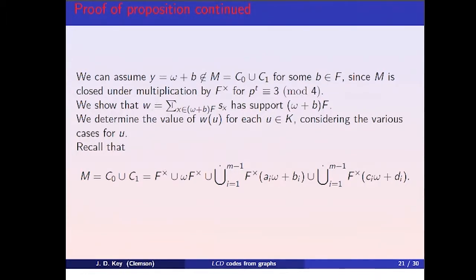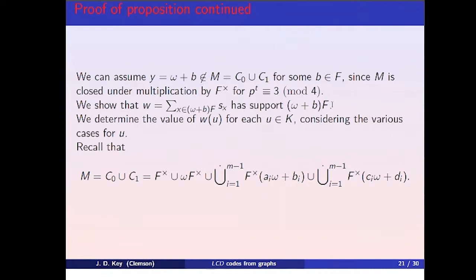What we need to do to show that it is in C perp is to show that this word is equal to the sum of the S rows for X in the set W plus B, that's Y, times F. That was what we got out of our description of these RLCD codes. So we need to show that this sum has support W plus BF.